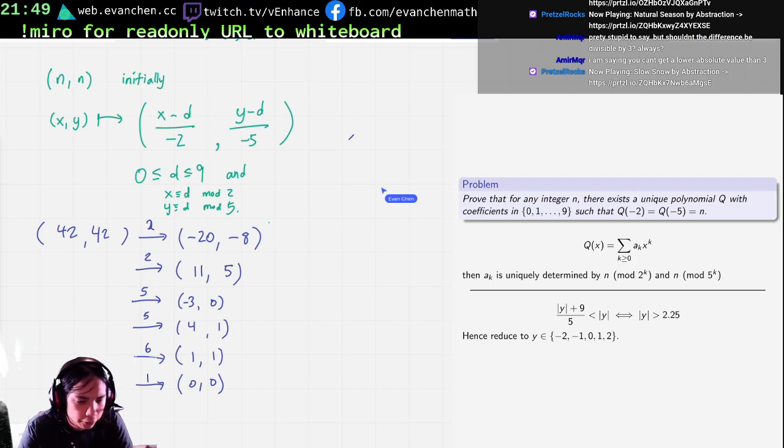There is no situation in which y is in the interval -2 to 2 and it manages to increase to something different. Actually, I can't even tighten this bound because I know both sides are integers, right?